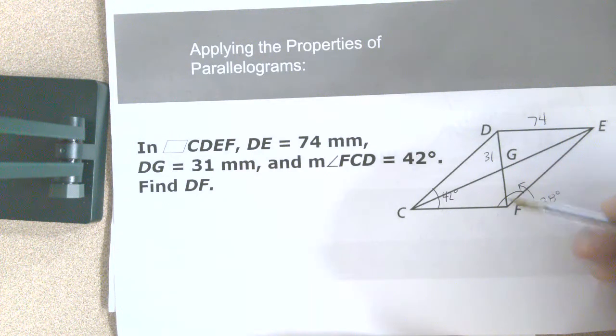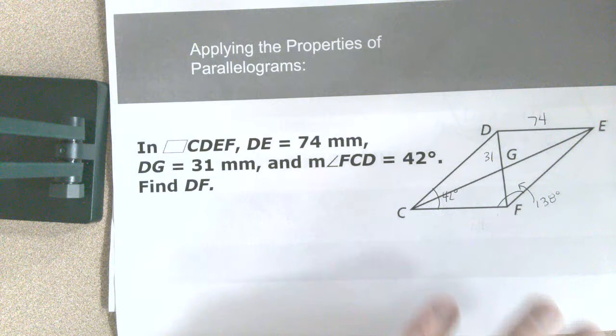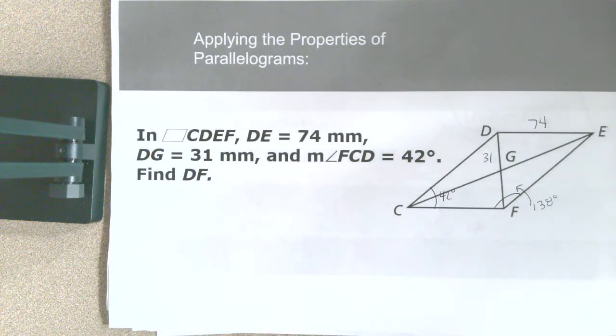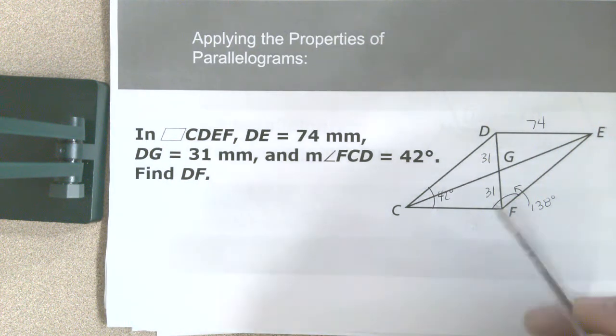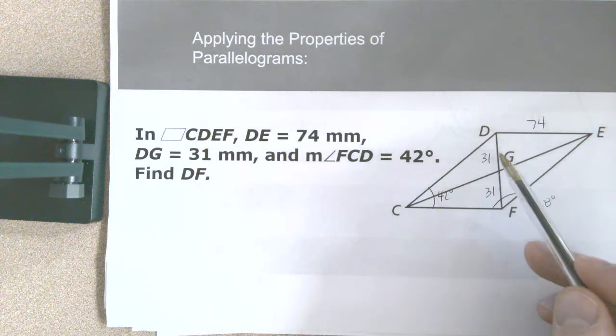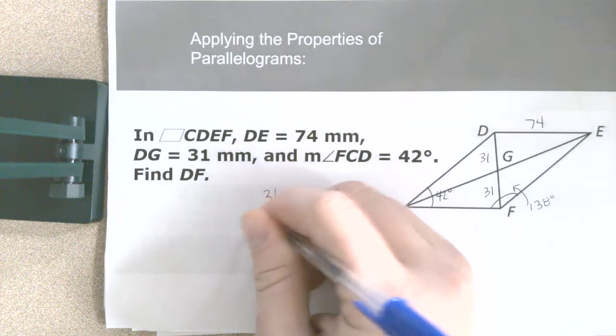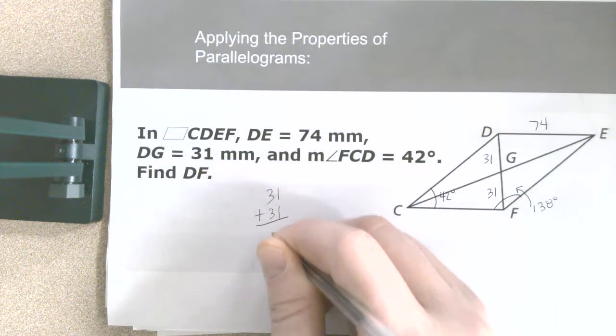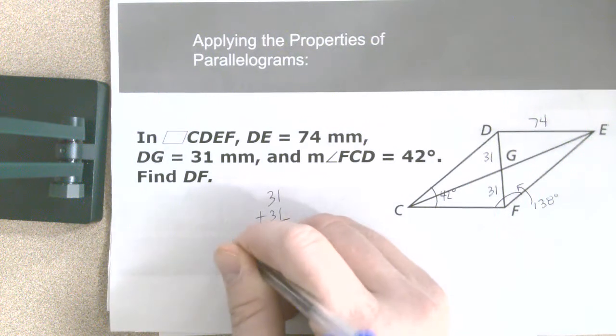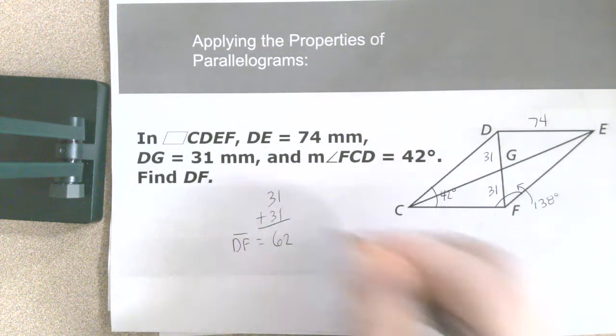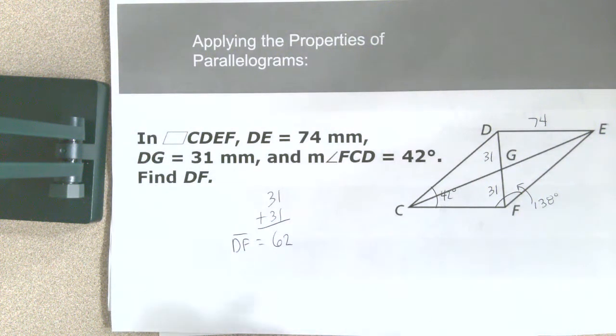In other words, what's the length of that diagonal? So we know since the diagonals bisect each other, this will also be 31, so we just do 31 plus 31. So the length of DF is going to be 62.